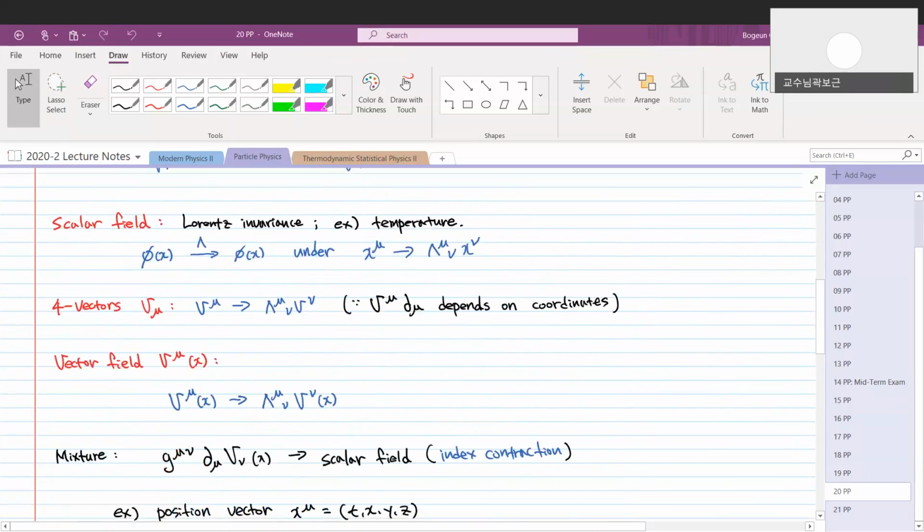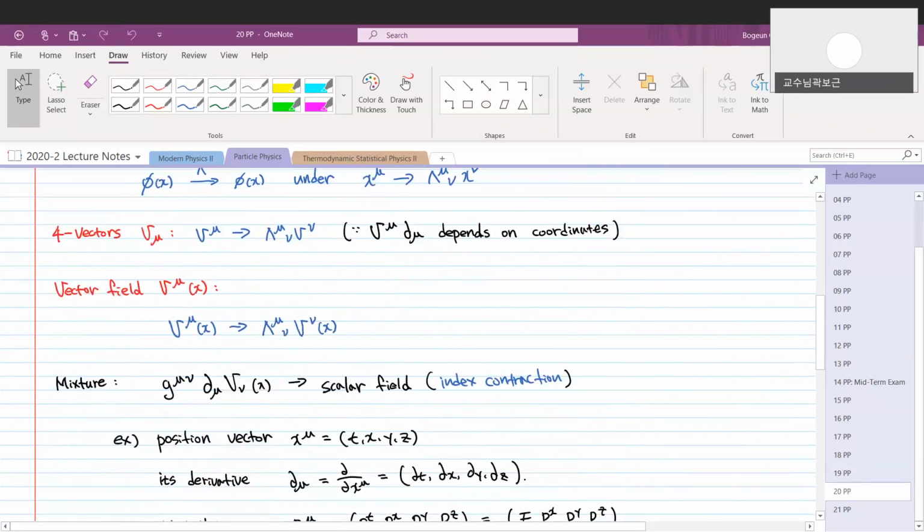Then we divided some fields by how they behave under the Lorentz transformation. A scalar field is invariant under the Lorentz transformation, such as the temperature, and a pole vector is a kind of coordinate or momentum or velocity.